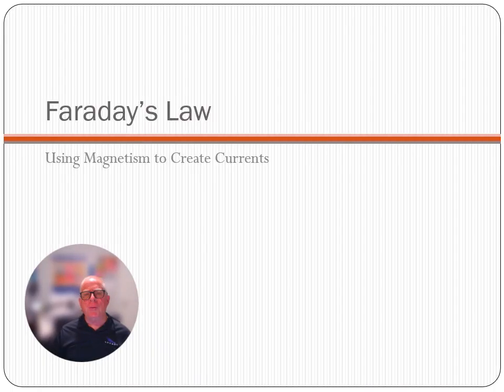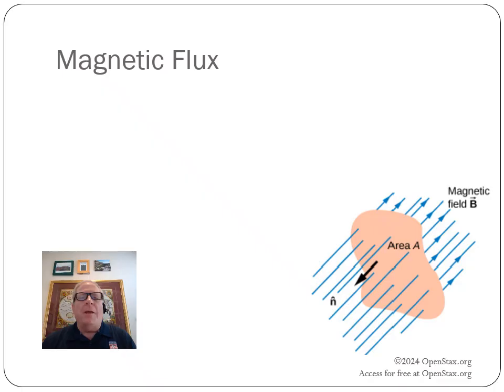So the principle we're going to examine here is called Faraday's law, named after Michael Faraday, who discovered the basic principles. In order to understand Faraday's law, we first have to review the definition of flux. In this case, we're going to be talking about magnetic flux. You may recall that in the video I made reference to the concept of magnetic flux.